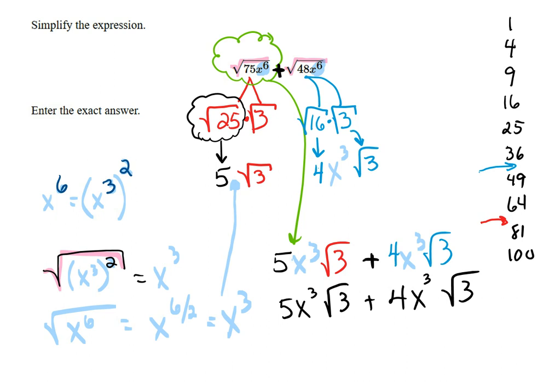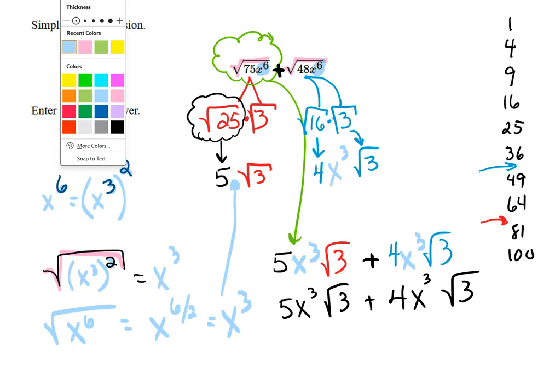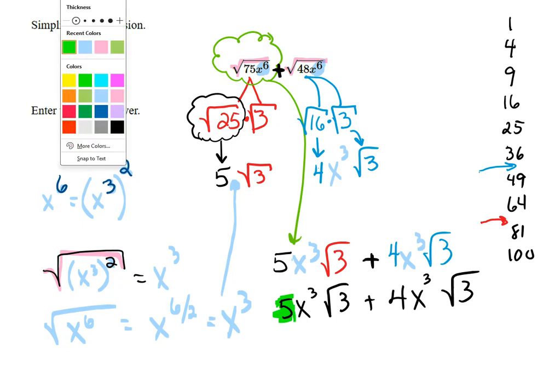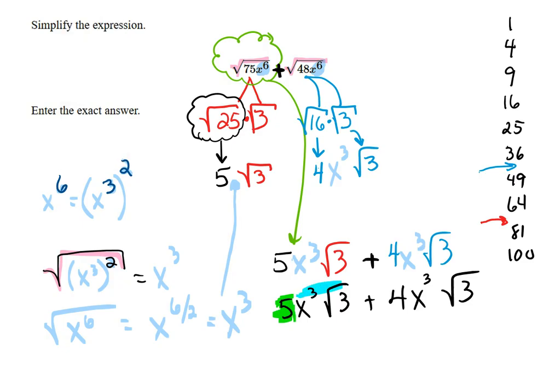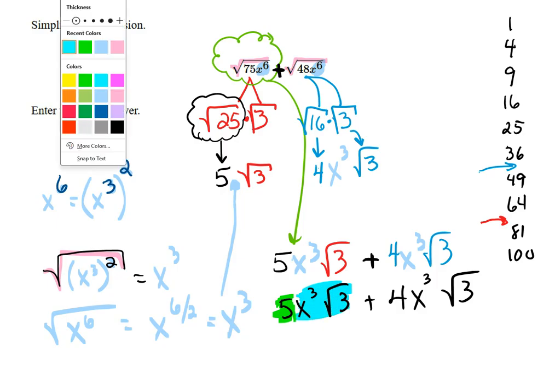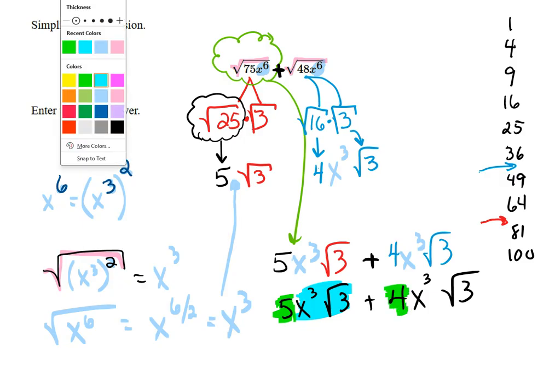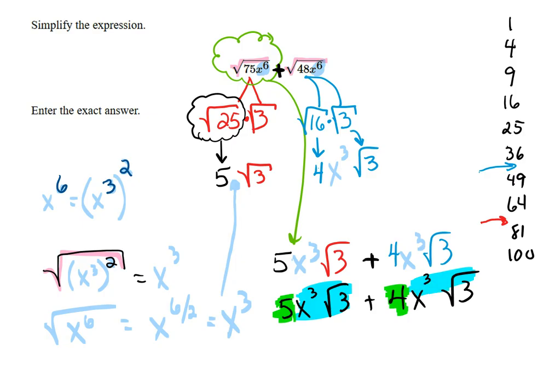All right. Okay, what I have here are like terms. I have 5x cubed square roots of 3 plus 4x cubed square roots of 3.